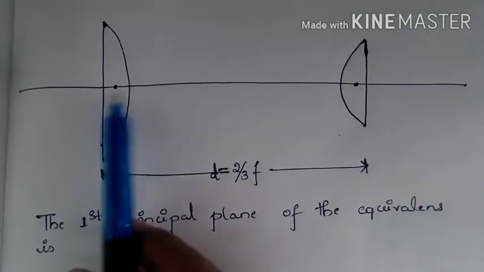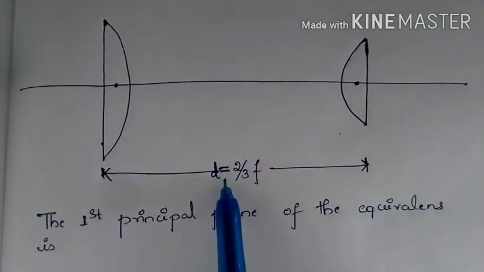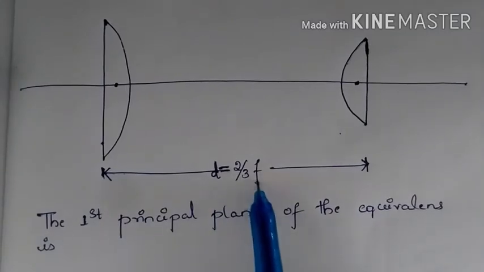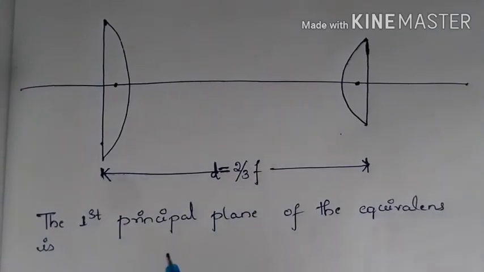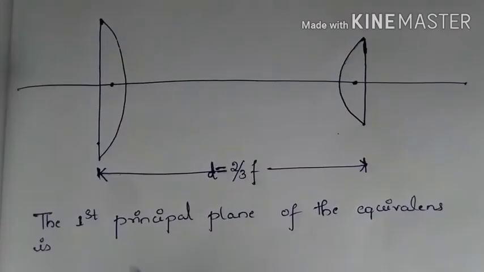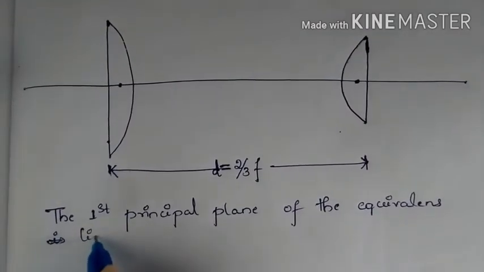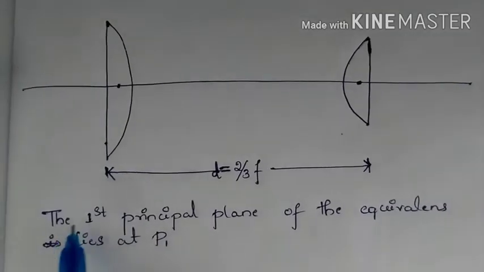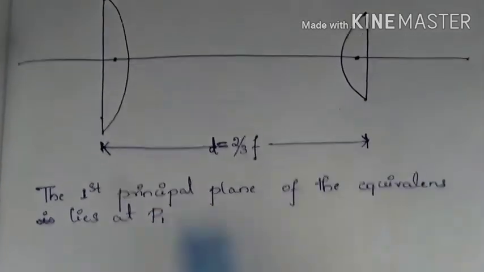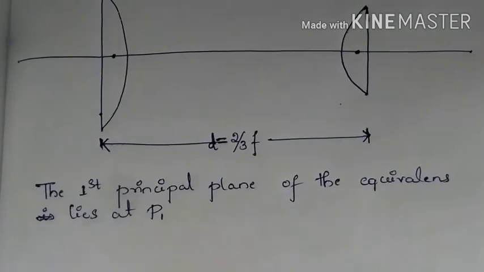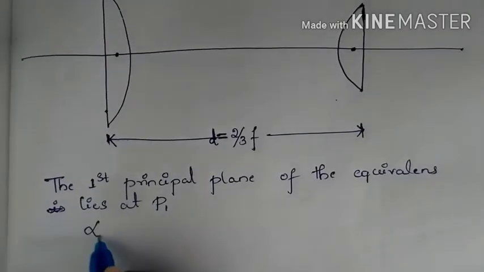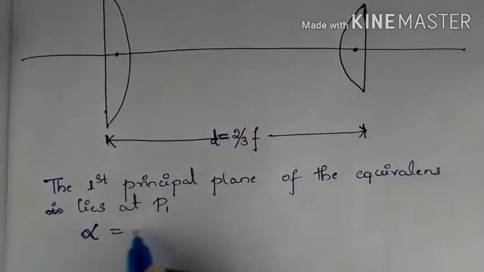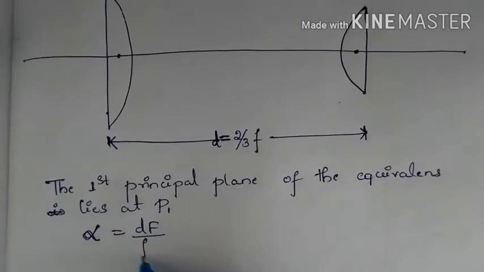Because we have two lenses separated by a distance D equals 2/3 f, so we have to take the equivalent lens. The first principal plane of the equivalent lens lies at P1. For that we have to write alpha equals df by f2.